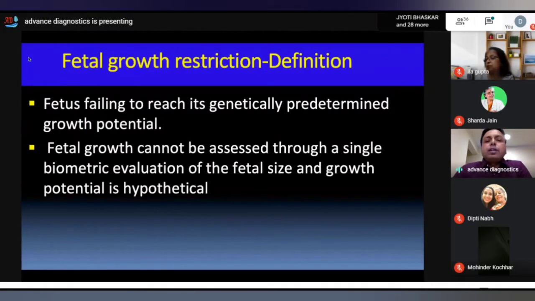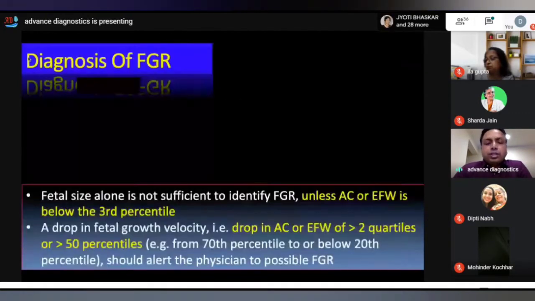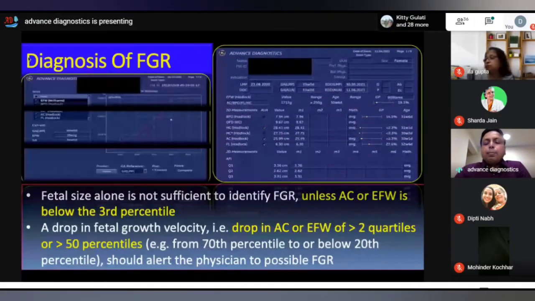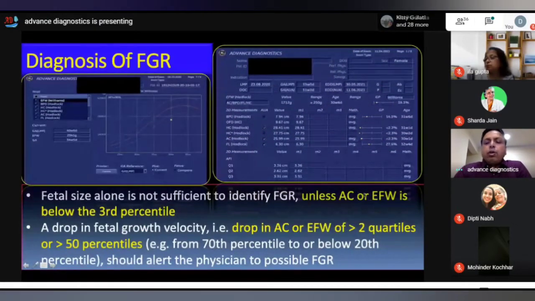So how to diagnose fetal growth restriction? When a fetus comes to you and you see that abdominal circumference or estimated fetal birth weight is less than 3rd centile. Now, most of you ask what is centile. I don't want to go into the details of the physics of the centile.